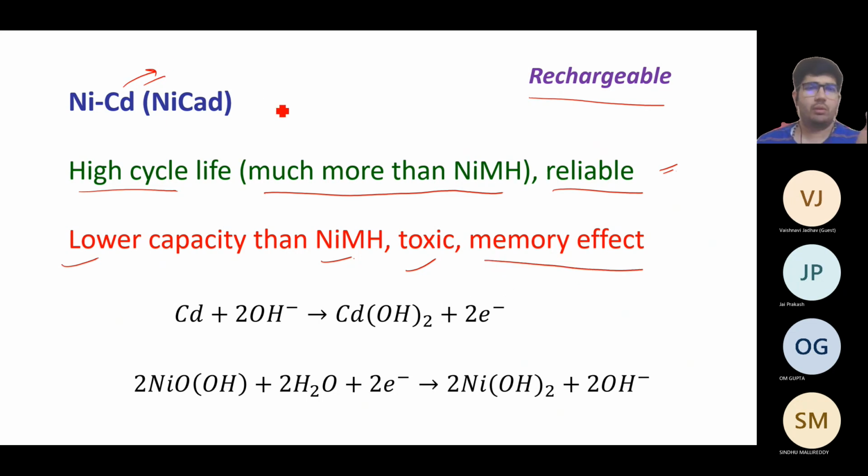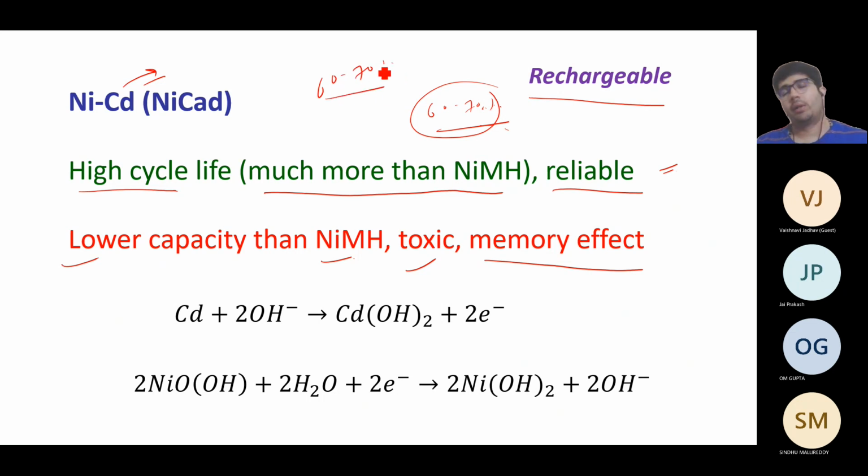Suppose someone is short cycling their battery, charging it up to 60 to 70% daily. After some time, this battery's capacity will reduce to 60-70% only. They can charge up to 100%, but the material will think that we have to charge only up to 60 to 70%.